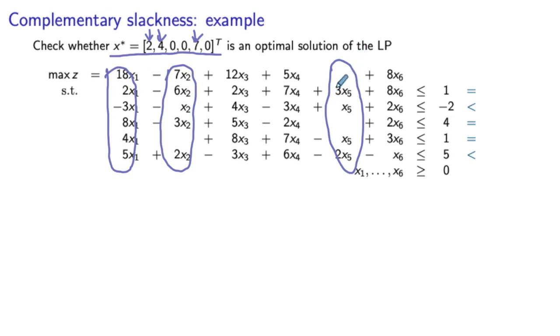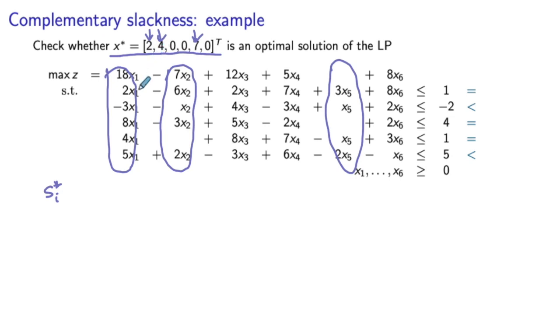Then for the slack variables, we need to compute si stars, the slack variable for each constraint at the optimum. If we plug in xj stars into each constraint, we can verify, and we already have the work done for us here, that the first constraint will be binding at x star. So let's check it.